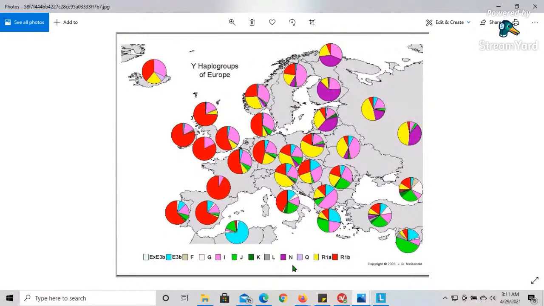And the other Asian population would be this N, this purple. This purple up here is Asian, and the more you go up here, the more people start looking Asian. Of course, the yellow is R too. So all this red and yellow, that's all the Japhethite, Gomer, Ashkenaz population.